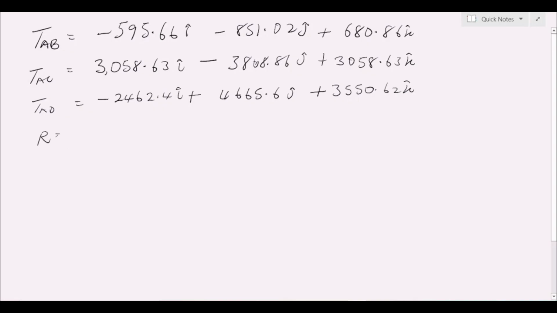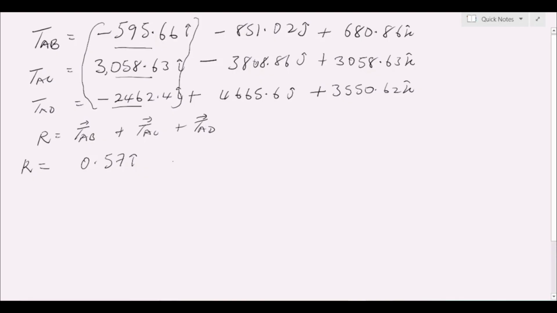We know that the resultant is equal to the sum of the forces TAB plus TAC plus TAD. So to find our resultant, we need to add all components that are similar to themselves. If you add all the i components together to get the x component of our resultant, we are going to have 0.57i approximately.